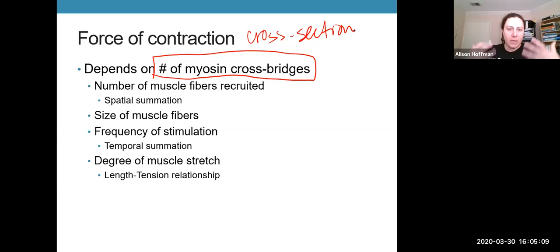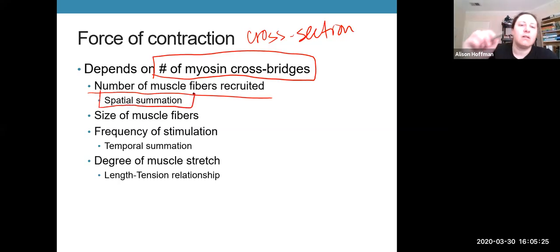The way that we get more cross bridges to form are a couple different ways. So the number of muscle fibers recruited, obviously the more muscle fibers we recruit, the more cross bridges we can form, right? And we call that spatial summation or multiple motor unit recruitment. You remember that one, MMU.